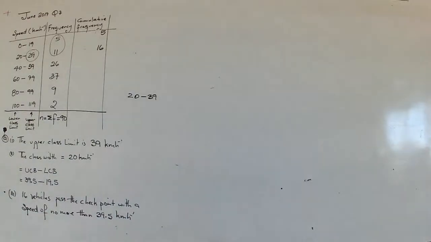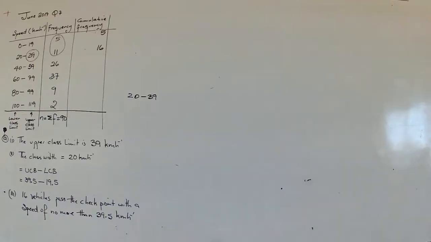The highest speed for the first 16 vehicles is 39.5. That's the highest speed they achieve. No more than is an inequality term. It means less than or equal to.